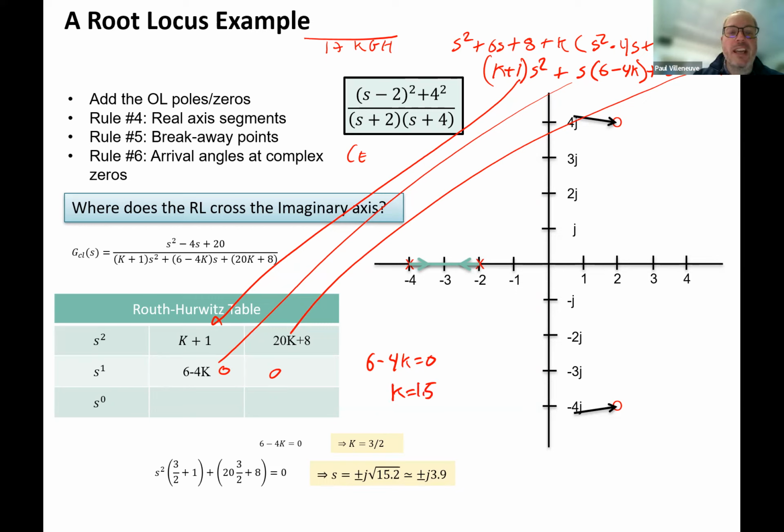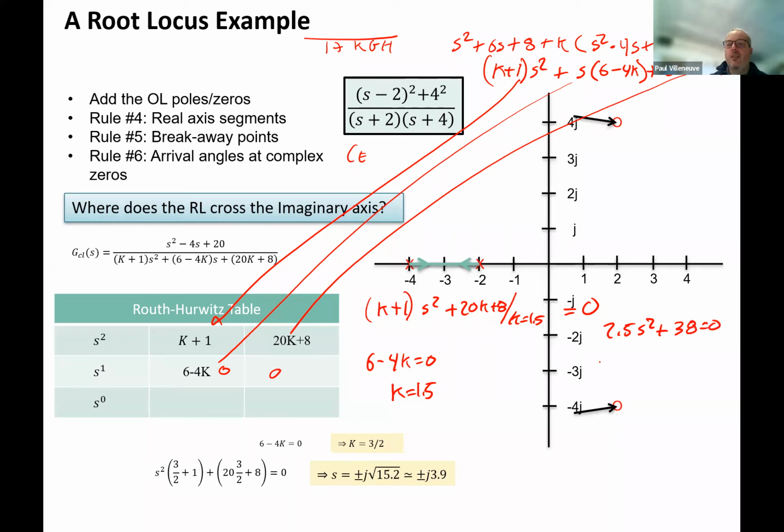Once we know what k is, we're going to plug it into here. So k plus 1 times s squared plus 20k plus 8, evaluated at k equals 1.5. We set that equal to 0, and that's going to be our j omega axis crossing points. So we have 2.5 s squared plus 38 equals 0.